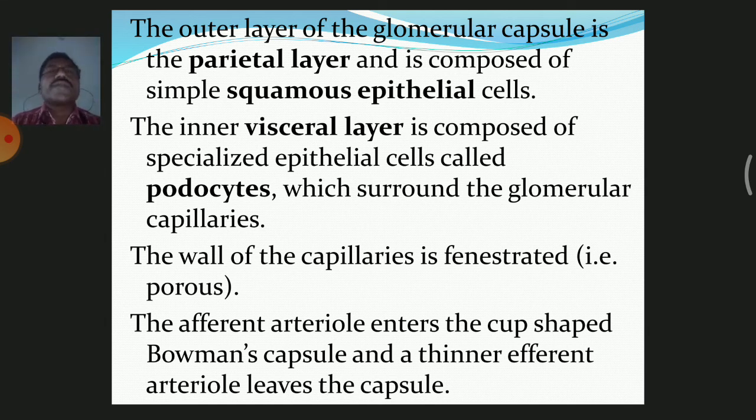The afferent arteriole enters the cup-shaped Bowman's capsule and a thinner efferent arteriole leaves the capsule. The afferent arteriole supplies blood to the Bowman's capsule and the efferent arteriole collects the blood from the Bowman's capsule.